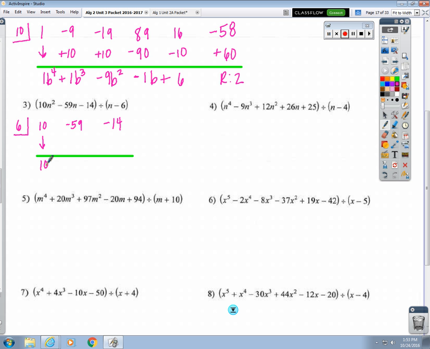What do you do with it? Multiply by the 6, which gives you positive 60. Negative 59 plus 60 is 1. Now that it's below the line, it multiplies by the 6 to give you positive 6, and that makes negative 8. The last number is always your remainder. Since your question started out n squared, your answer starts out n to the first, and then plus 1.